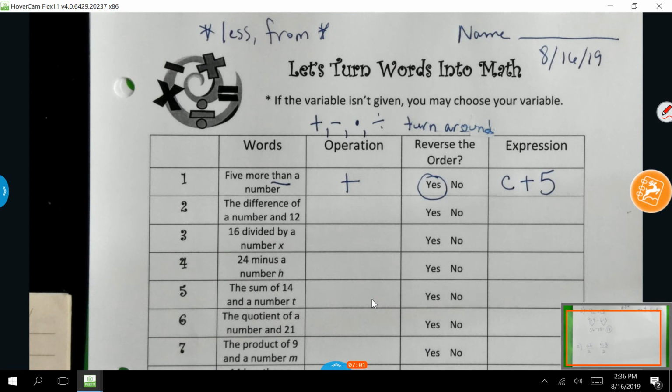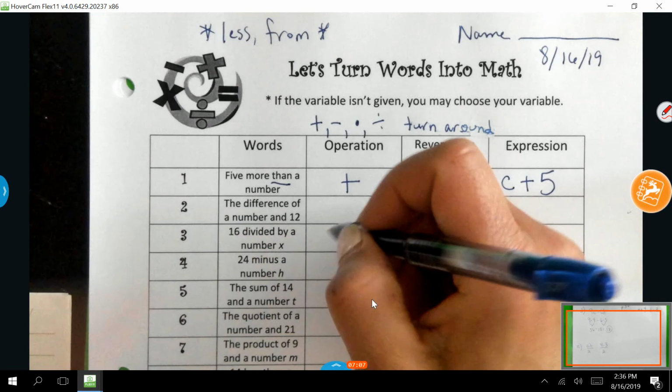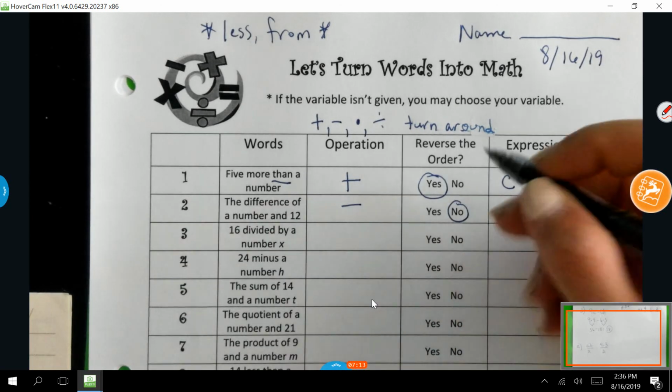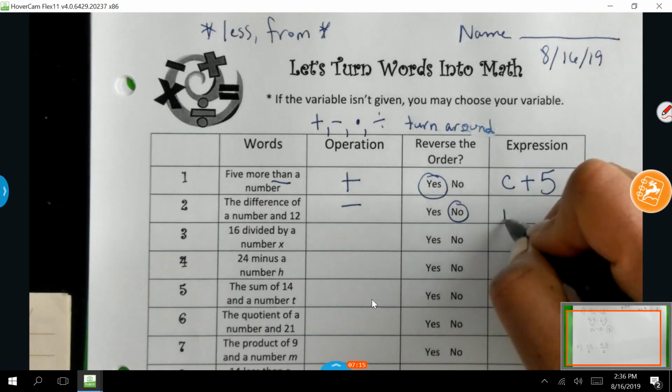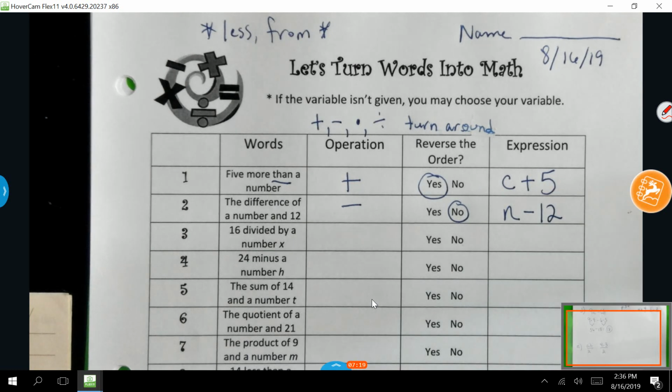So number 2, the difference of a number and 12. Pick a number. So what is this? Yes? Subtraction. Do you see than or from? No, so you just keep it in that order. So if you want to use n minus 12. Okay, question?